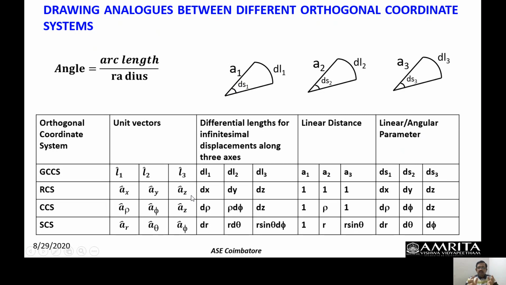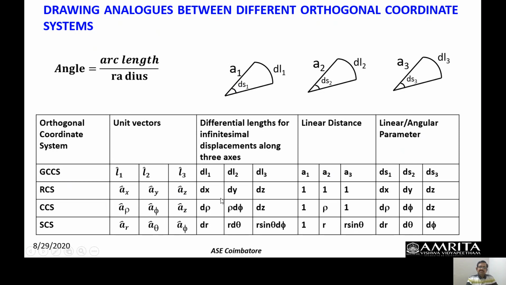Now, what I am trying to do is compare this with what I already know about the rectangular, cylindrical and spherical coordinate systems. It is very evident here. ax hat, ay hat, az hat are the unit vector directions in the rectangular coordinate system. In cylindrical, a rho hat, a phi hat, az hat. In spherical polar coordinate system, it is ar hat, a theta hat, a phi hat.